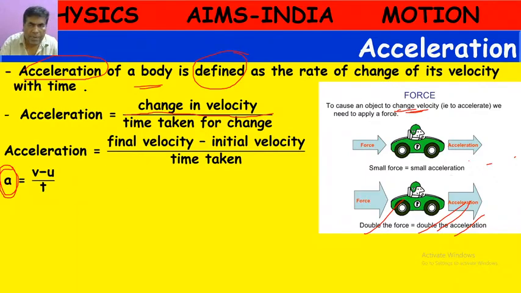So once again I am repeating children, here we are applying force. Because of force, there will be change of car's velocity. But that change of velocity will happen in some time.